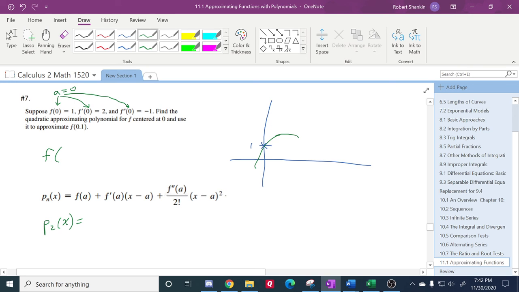This is going to be f of 0, f prime of 0, x minus 0, plus f double prime of 0 over 2 factorial, x minus 0 squared. So p2 of x, f of 0 tells us is 1.